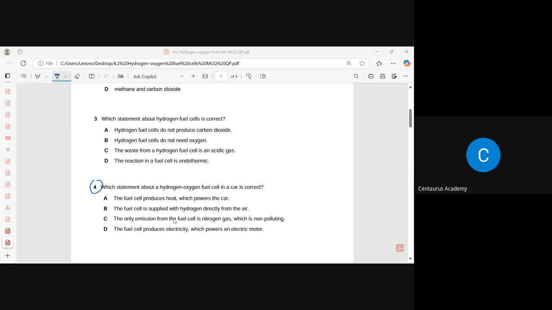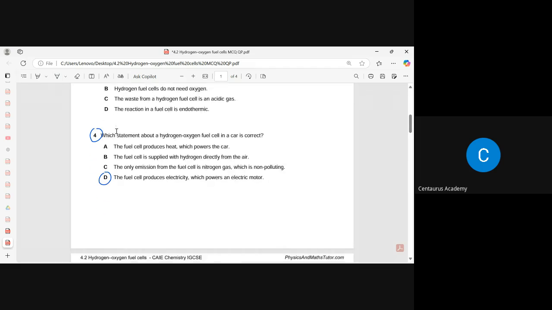Yes, D is the right answer here. The fuel cell basically produces energy and electricity, which is going to power an electric motor. So D here is the correct option.